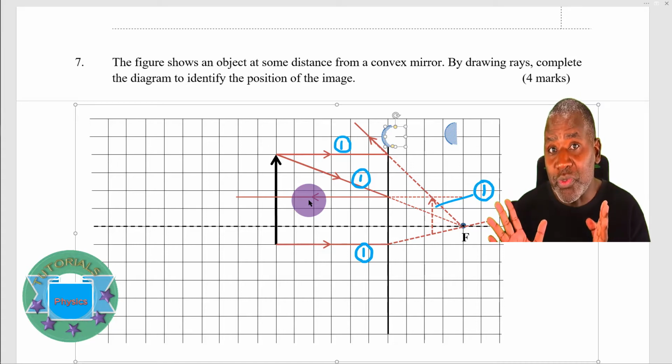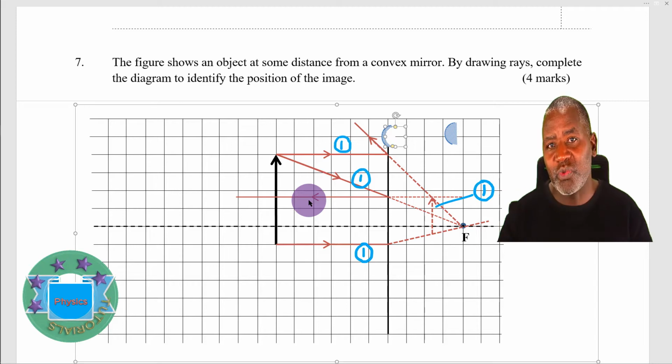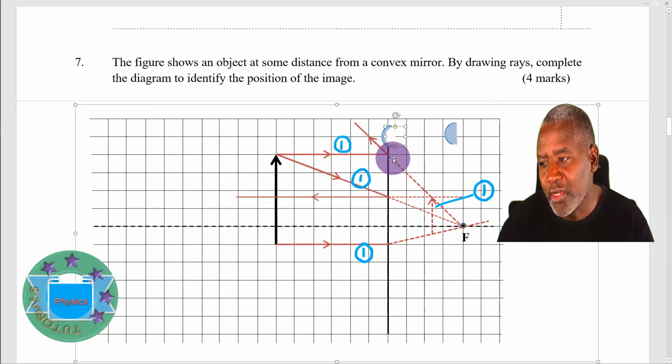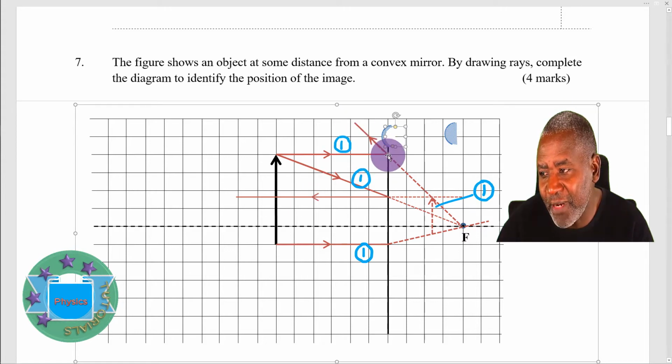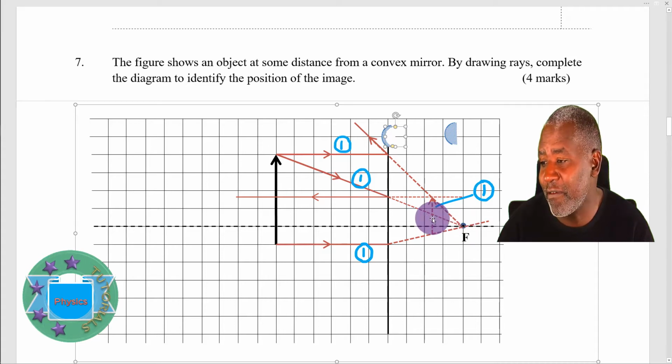So what do we do? We dot them backwards. When we dot rays backwards, we are said to extrapolate the rays. The word is extrapolation. So we are going to dot this reflected ray backwards, like that, as far as possible. And we can see as we dot it backwards, it must pass through F.